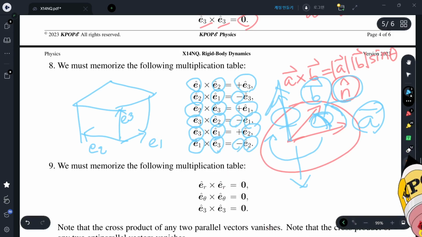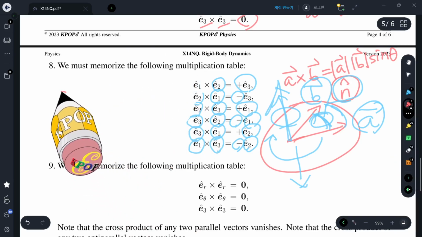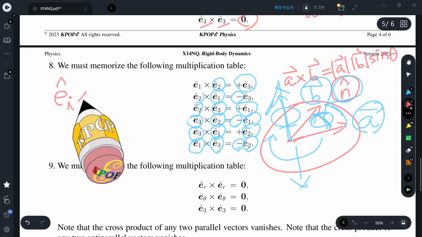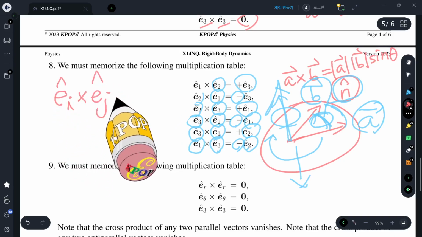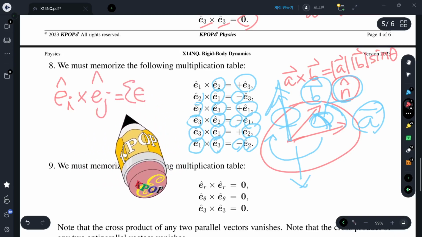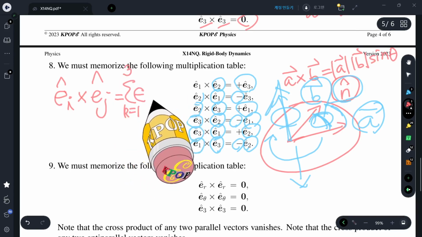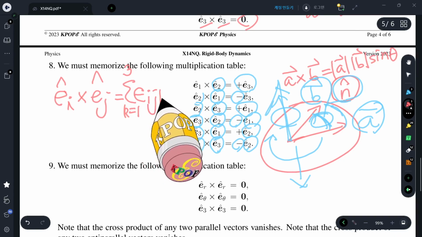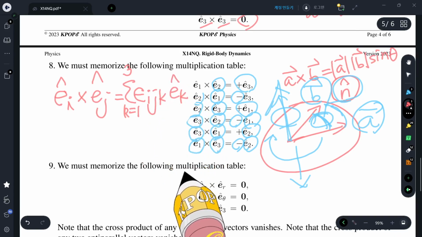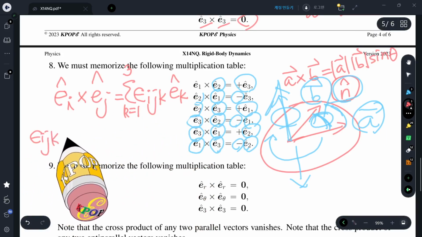We also say these can be expressed as: E_i hat cross E_j hat equals the sum over k running from 1 to 3 of epsilon ijk E_k hat, where epsilon ijk is the Levi-Civita tensor.